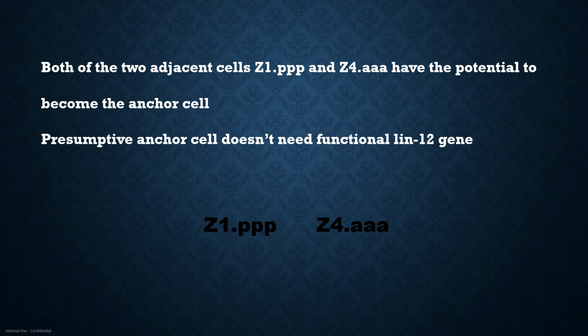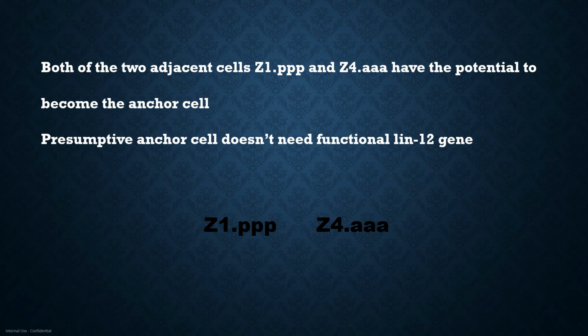Before we go to the developmental process, let's first learn how the anchor cell develops. The cells of the equivalence group receive the extracellular growth factor, the Lin3 protein signal. Before this, the anchor cell is formed, which is mediated by the Lin12 gene, a homologue of the Notch gene in Drosophila.